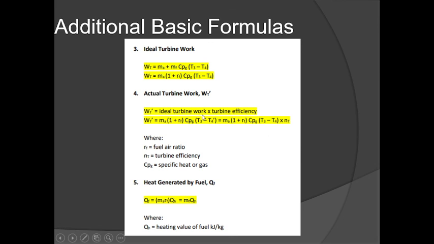So here are other formulas for the actual turbine work. So heat generated by the fuel is the mass of air times the ratio of fuel times the heat added, and then yes, that's it.